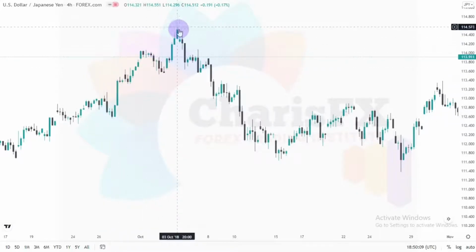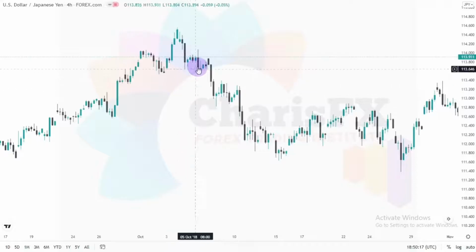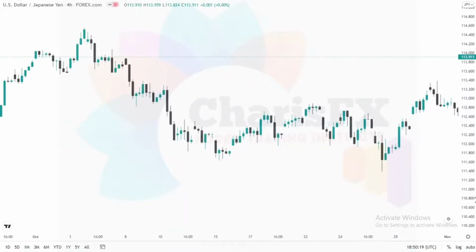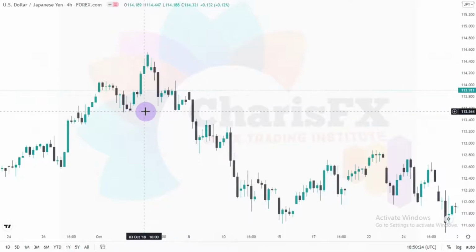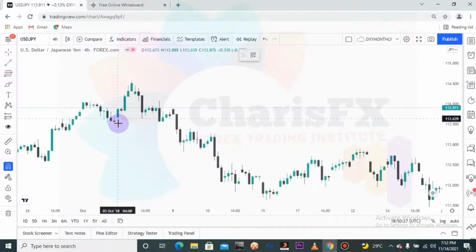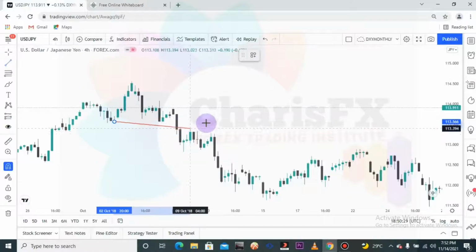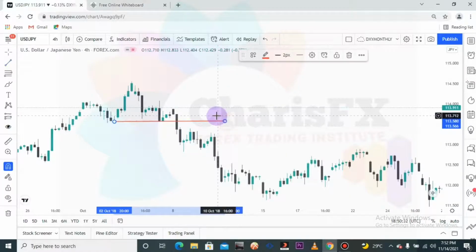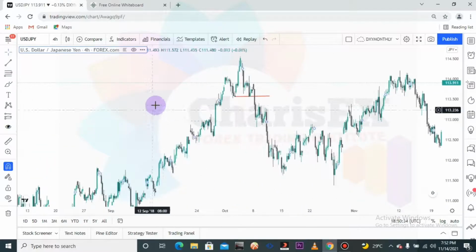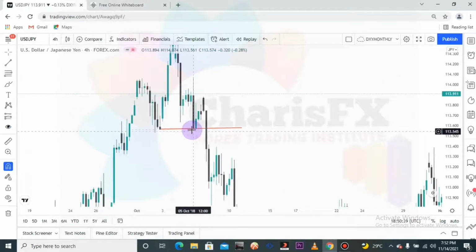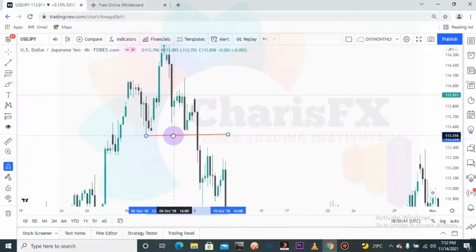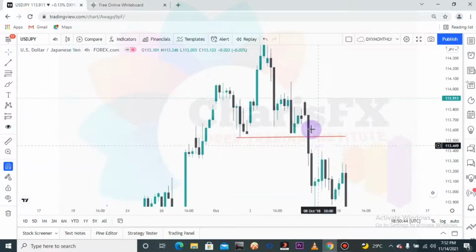Then we see here the last buy candle that was traded through completely, the body of the candle engulfed and led to a break of structure. This is the last structure.